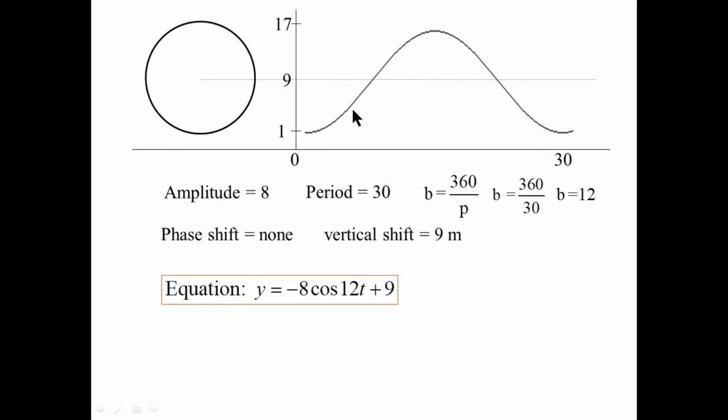Cosine because it's a cos curve. 8 because the amplitude is 8, we figured out. 12t because the B value is 12, we figured out. And then plus 9 because the axis of the curve is 9. Let's take a look here. Inverted by the minus sign. Amplitude is 8. B value is 12. The axis of the curve shows up right here.